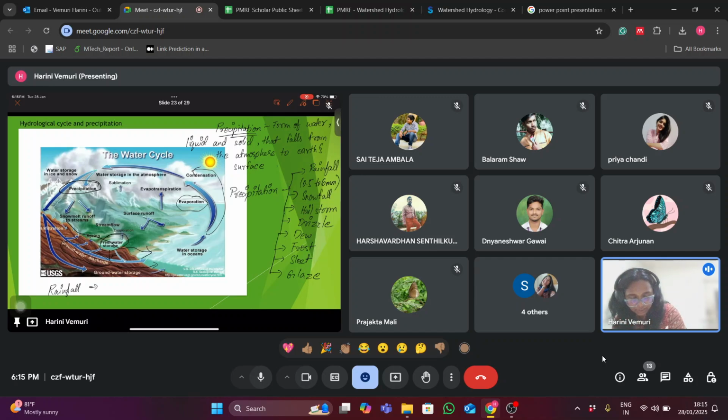So rainfall is measured in depth, that units are mm, and also intensity, as I have discussed. The units will be mostly mm per hour we consider. Okay. So when do you say that rain is light rain?